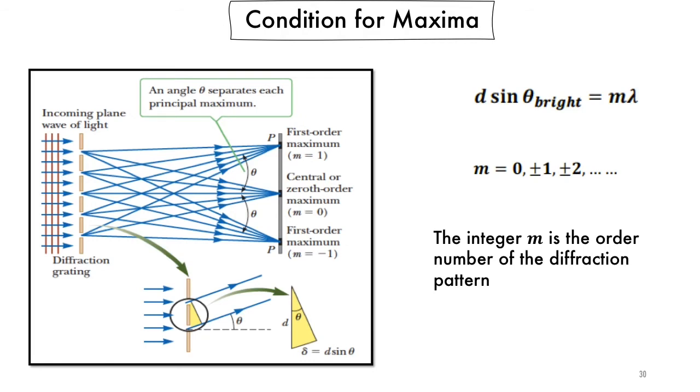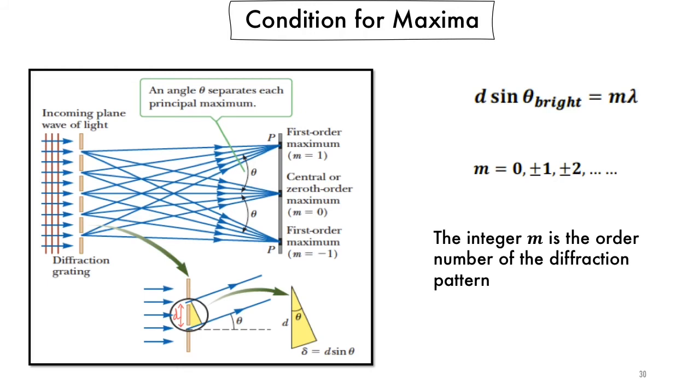Let's investigate a diffraction grating in a little more detail. The figure here shows the side view of a diffraction grating. The slit separation is d and the path difference between the adjacent slits is d sin θ, as we can see in this small triangle.